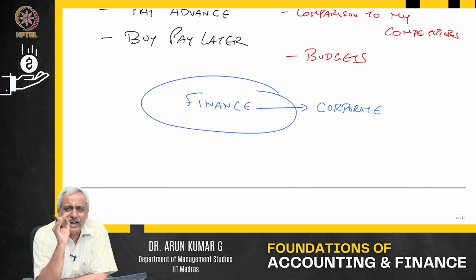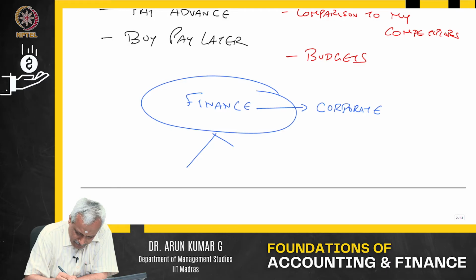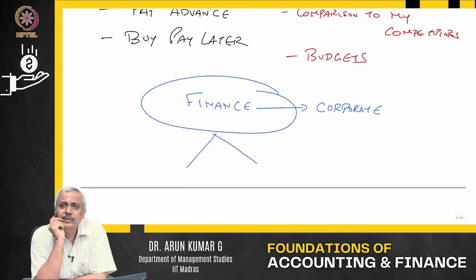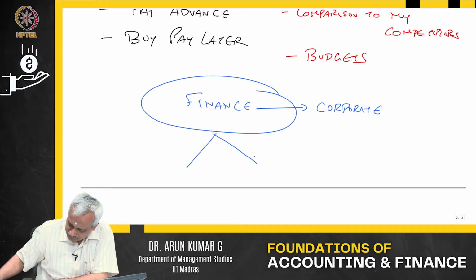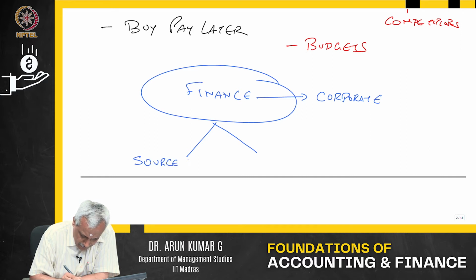Typical corporate finance has to do with two basic aspects. What are the two aspects? One, to source money at lowest cost.